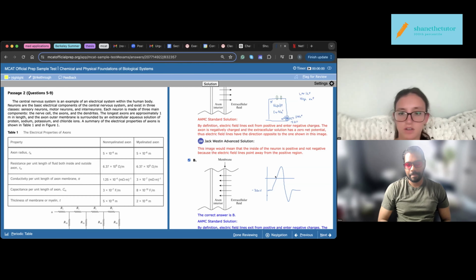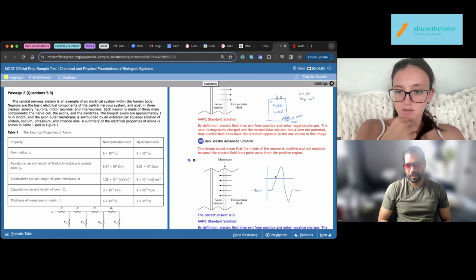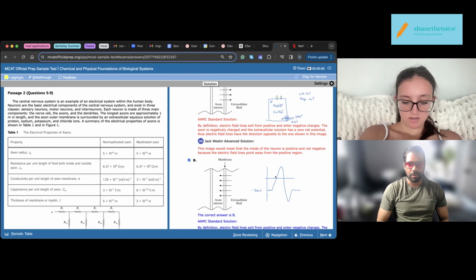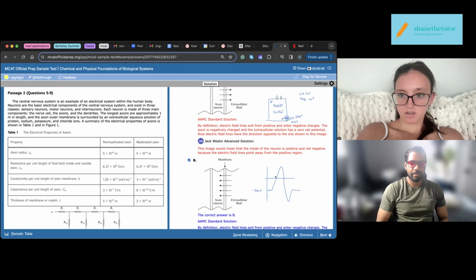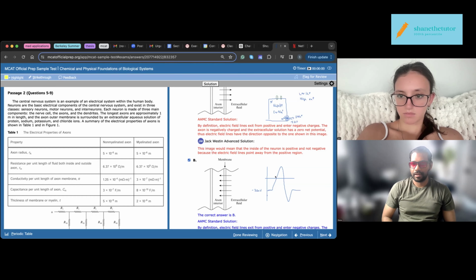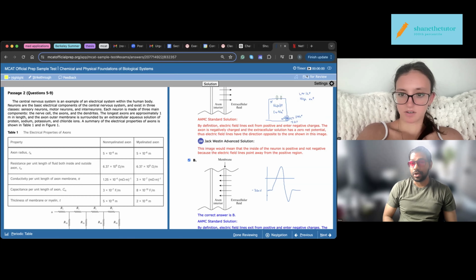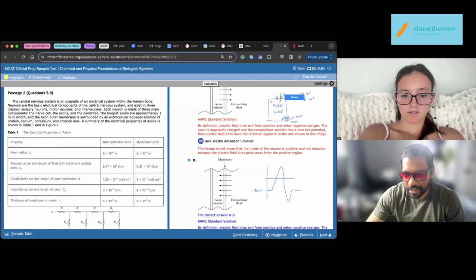If the channel opened up, it would want to go wherever there's a lower concentration of them. Sodium would want to go inside. Exactly. Sodium goes inside, and we call that sodium influx.